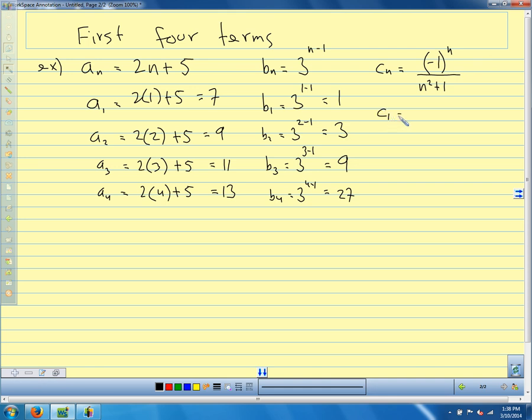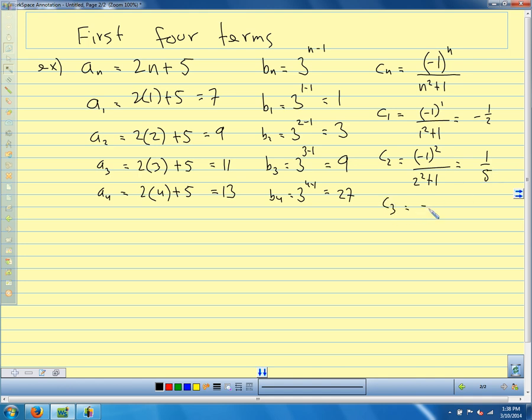So c sub 1 is minus 1 to the 1 power over 1 squared plus 1, which gives me minus 1 half. C sub 2 is minus 1 squared over 2 squared plus 1, which is going to be positive 1/5.